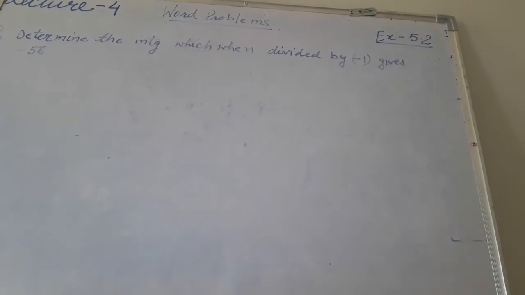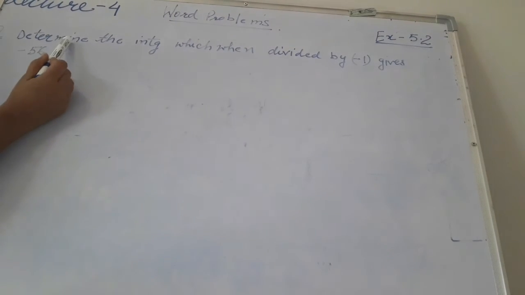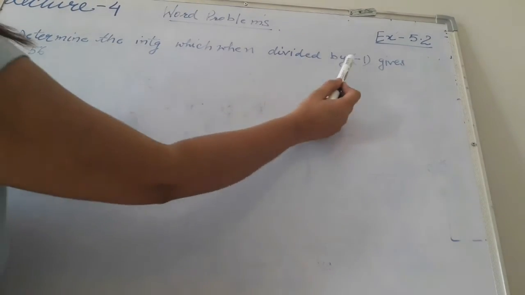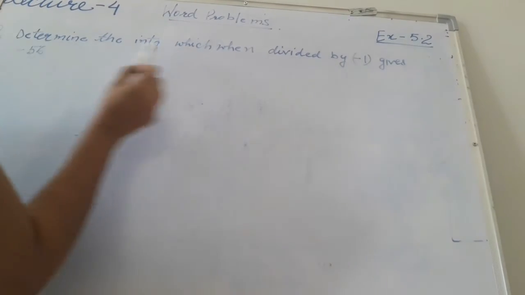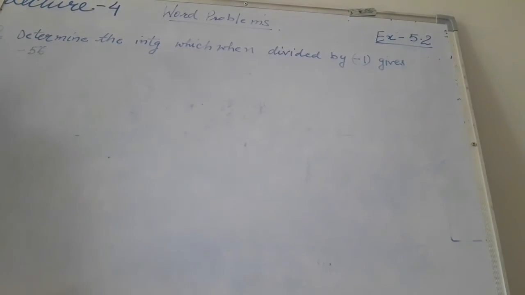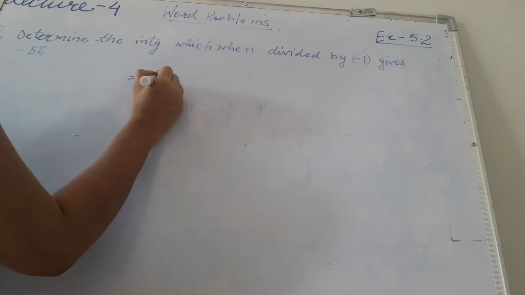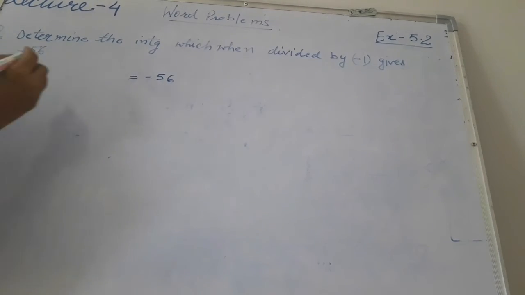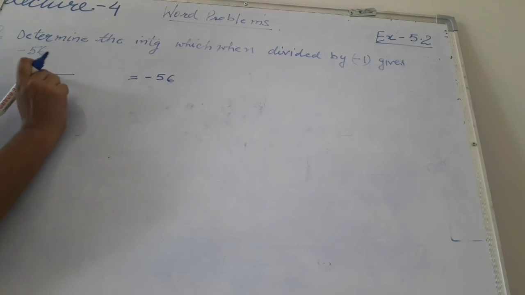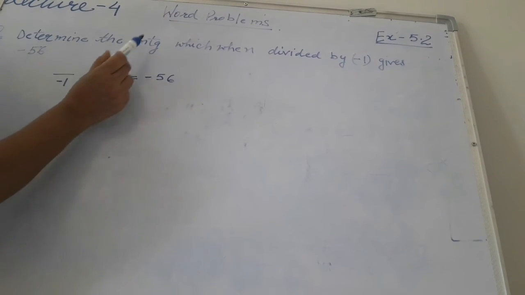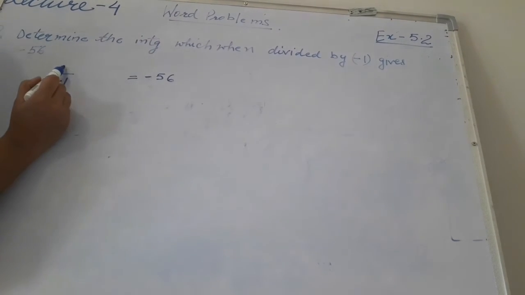Now student, the next question is: you have to determine the integer which when divided by minus 1 gives minus 56. Gives means it has given you the answer, that is minus 56. Divided by means minus 1, and the question is to determine the integer.